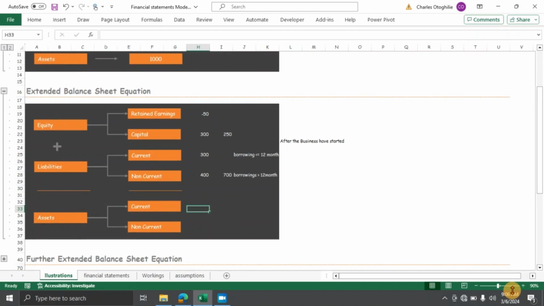Now, when you have a business, the belief is that whatever money you have gotten from all of your equity plus your liabilities, you are going to use to finance assets. It is ideal to use current liabilities to finance current assets.